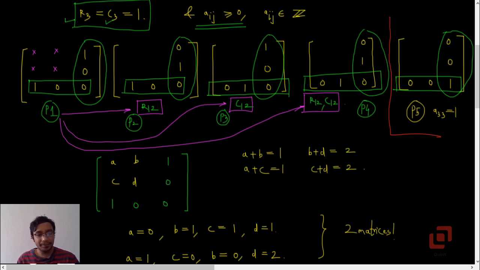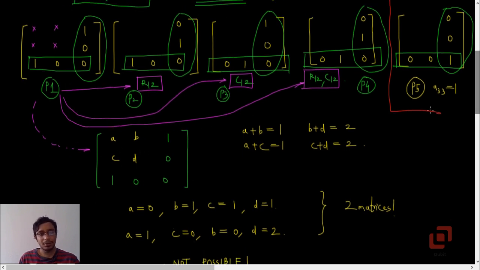And as I said, because P1, P2, P3 and P4 are connected to each other by elementary row and column transformations, it is enough to talk about one of them and decide on the total number based on that. So let's consider P1 now and analyze it.